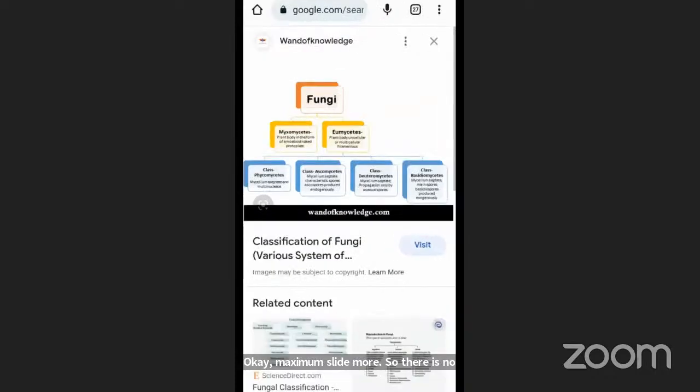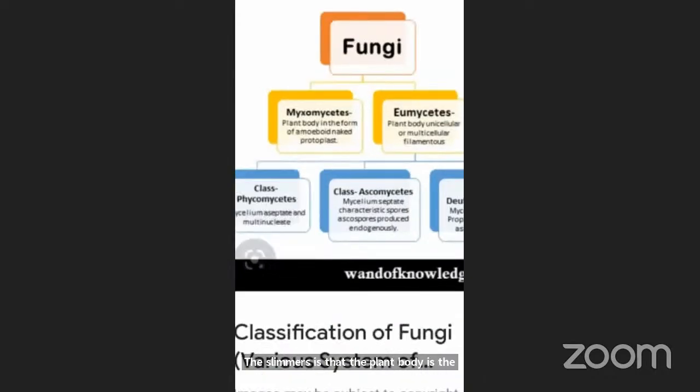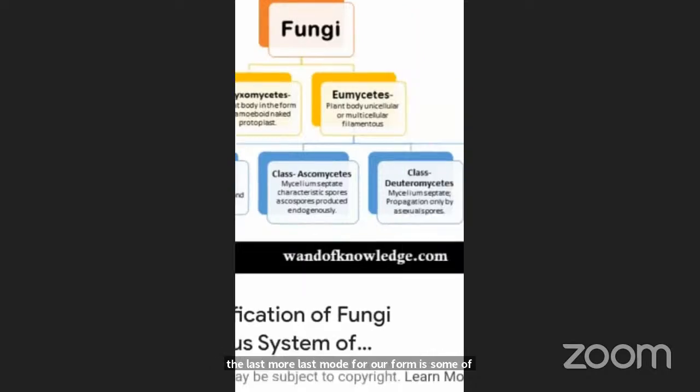The plant body is an amoeboid naked protoplasm with no particular structure. Examples are Plasmodiophora and Physarum, which come under the myxomycetes. In Eumycota, the plant body is unicellular or multicellular, some filamentous.